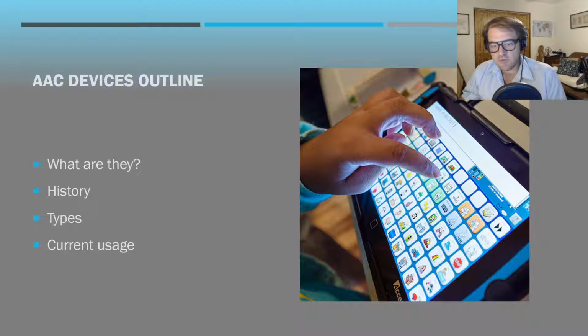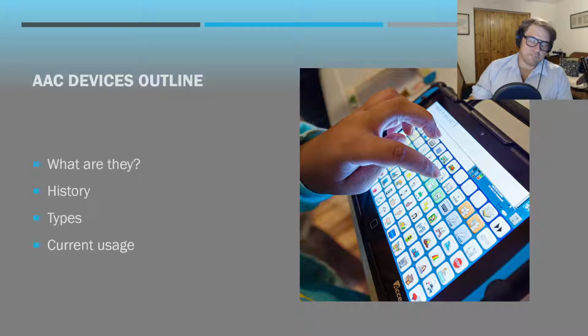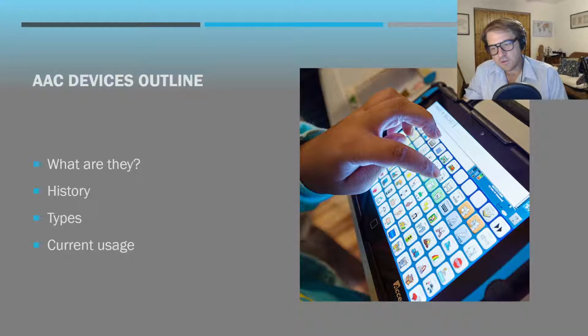This is one type of AAC device. We'll talk about it more. This is kind of a high tech, modern version of a communication board. This is an iPad. It might not be exactly an iPad, but you can see it's some sort of touchscreen tablet that this child's using to be able to communicate by touching pictures.